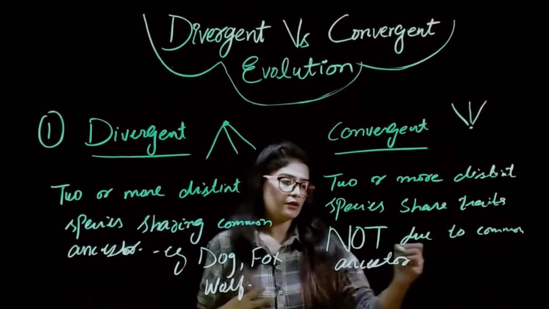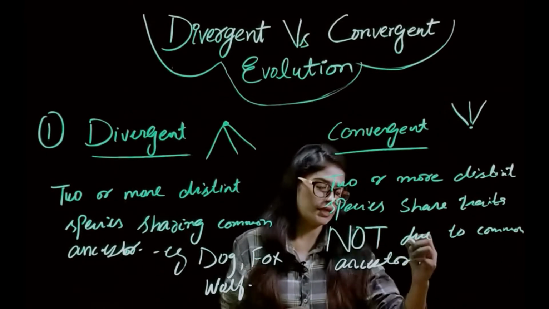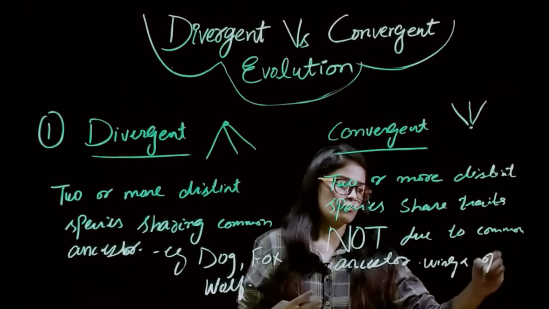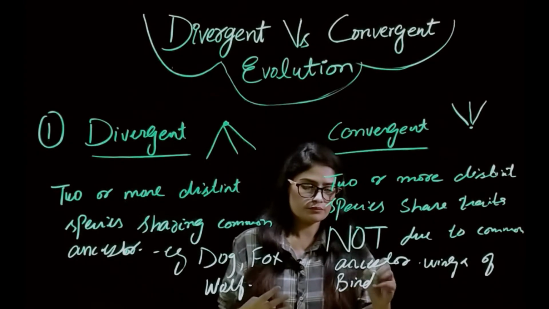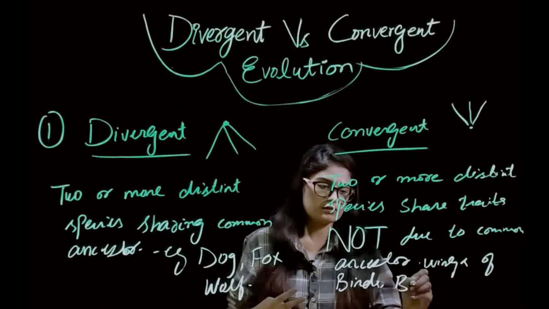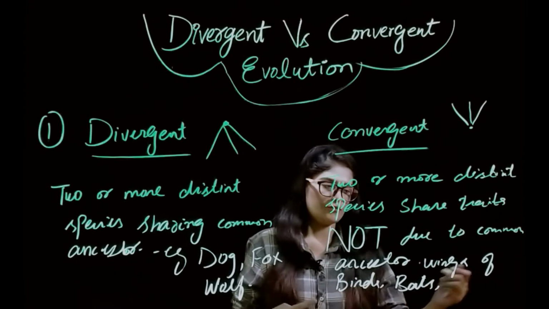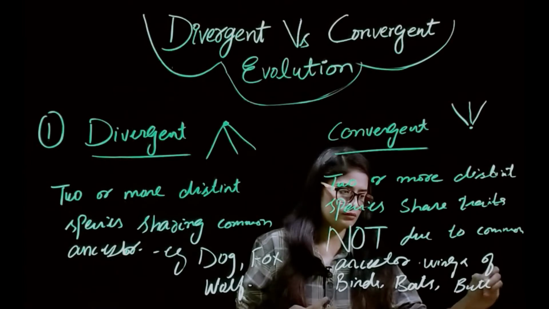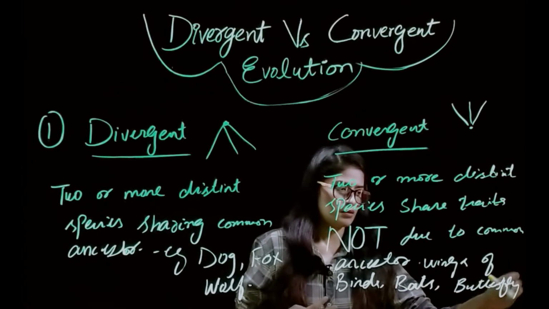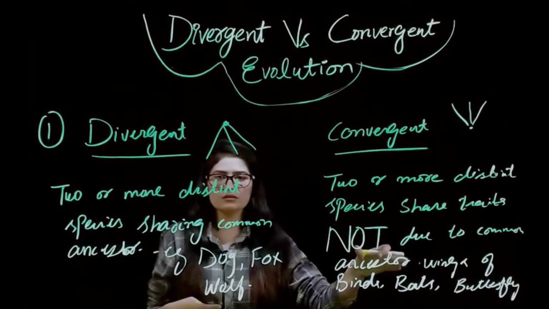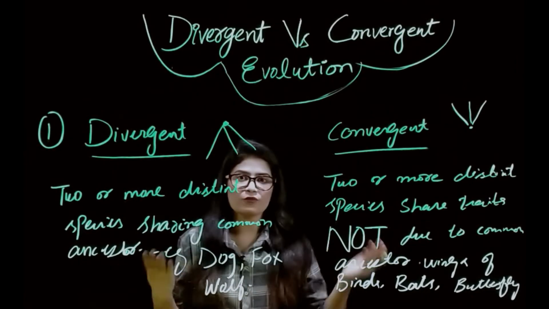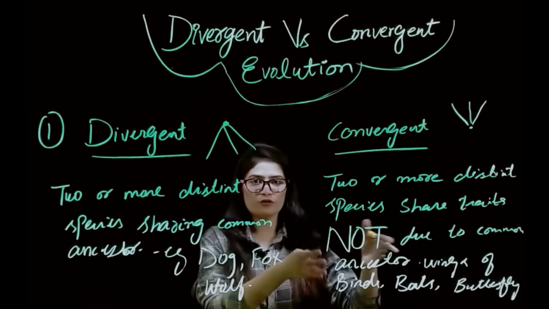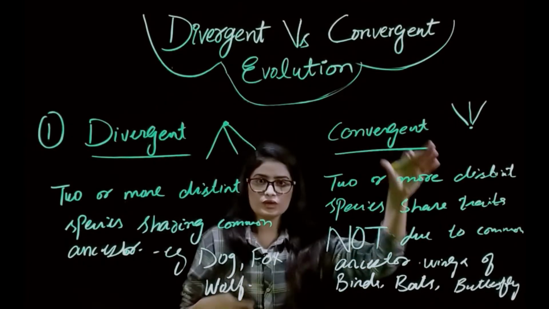For example, in convergent evolution, there's the example of wings of birds, bats, and butterflies. They all have wings, and wings perform the same function, to fly. So this is one kind of evolution, that is convergent evolution.